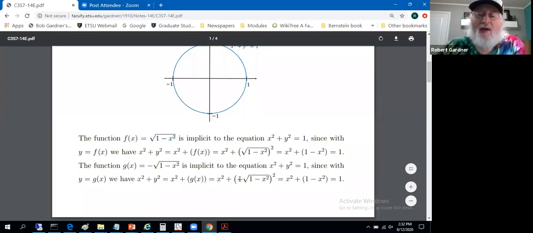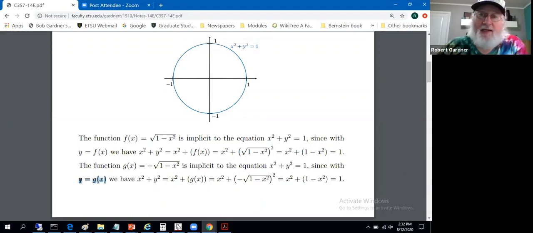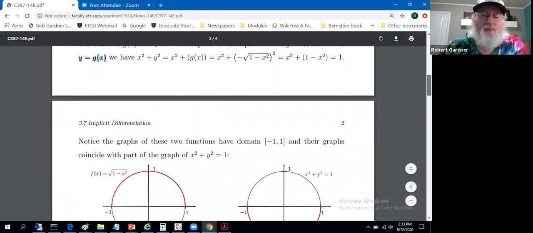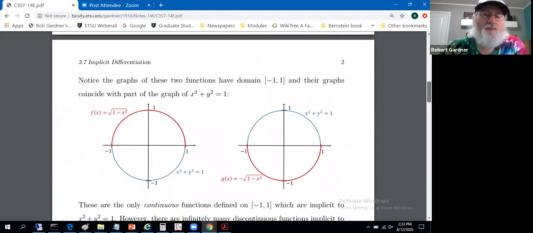Well, that negative sign gets absorbed by the squaring. And we also get 1 out. So substituting in y equals g of x also produces an identity and is also a function implicit to that equation. So there's two functions implicit to that equation.